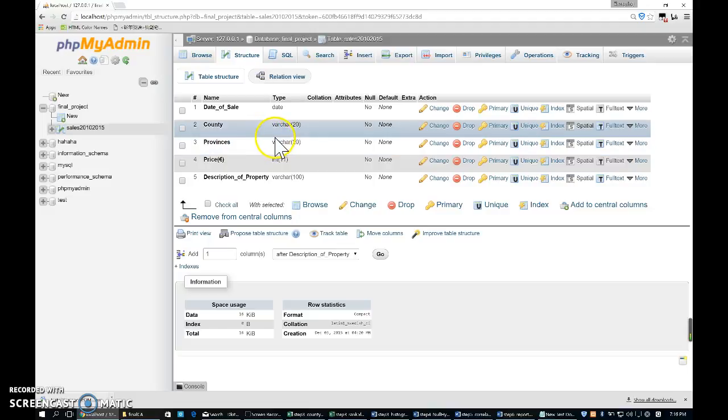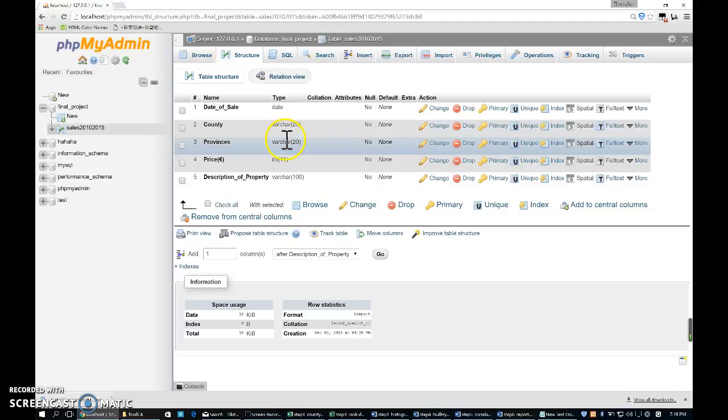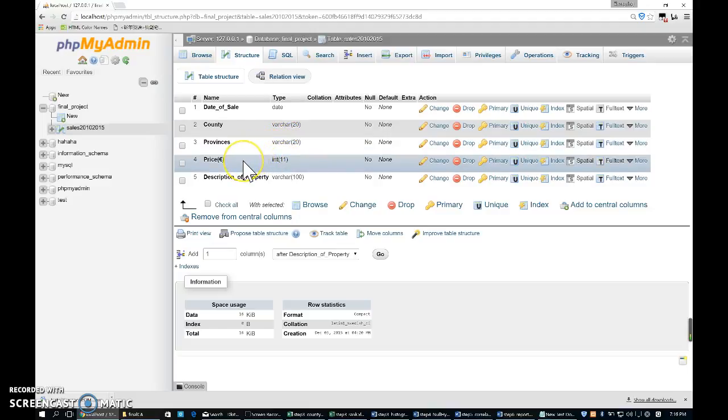They are both strings, so I chose varchar for these 2 columns. And the next column is price. In the original table, the column price contains the specific price of each house transaction. So I chose integer for this column.